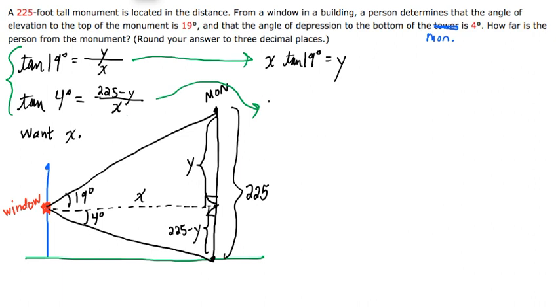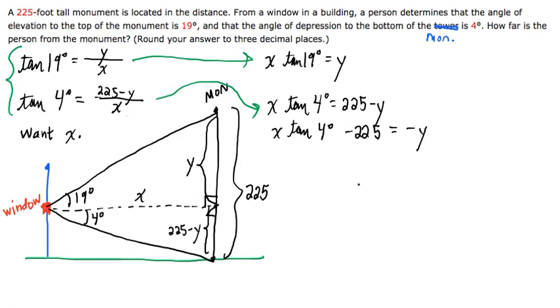Multiplying both sides by x on this one gives us x times tangent of 4 degrees is equal to 225 minus y. And I would like to solve that for y. So I'm going to subtract 225 from both sides. And then let's multiply both sides by -1, so it becomes positive, positive, and negative.